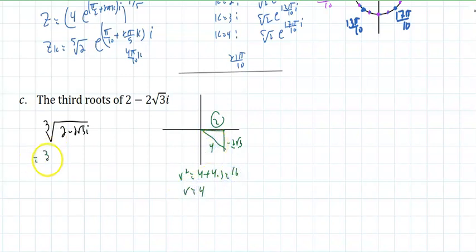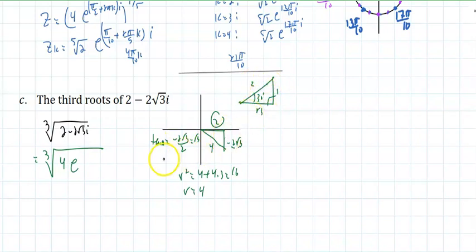So this is going to be the cube root of 4 e, and tan of theta equals negative 2 radical 3 over 2, which is radical 3, and what would that be? 60 degrees. So the reference angle is pi over 3, but in the fourth quadrant, that is 5 pi over 3 plus 2 pi k i.